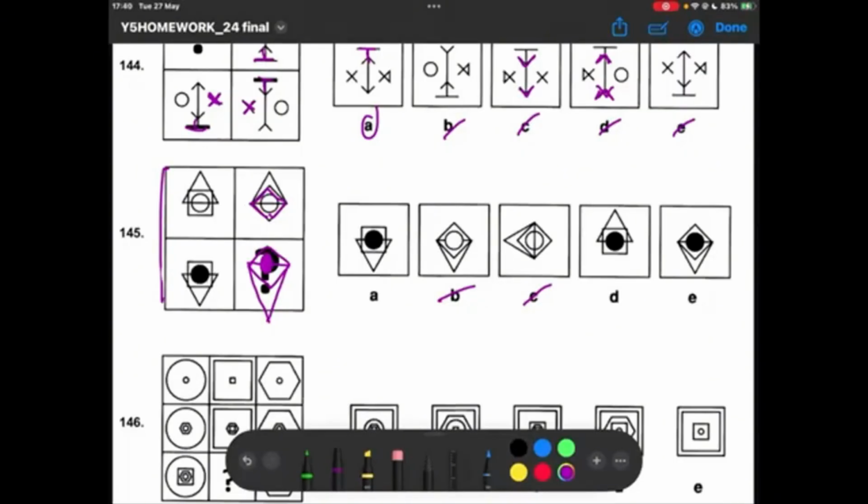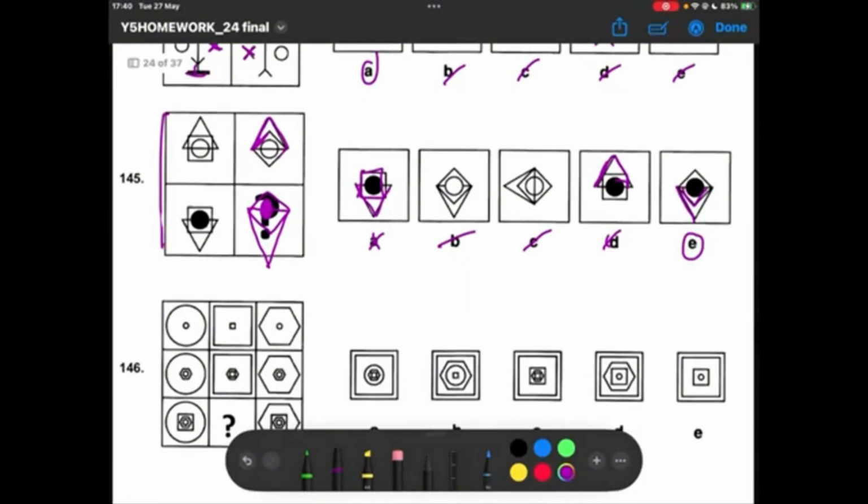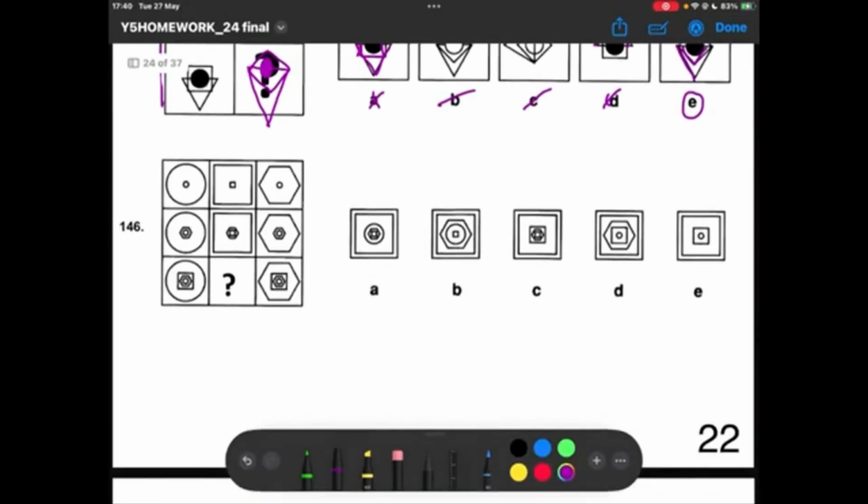So therefore we know the answer is E, not D, because that's just upside down and wrong, and not A, even though that's similar, because as you can see here, the square on the inside and this triangle pointing out bit are in line, whereas here they're not in line, it's just sort of on top of each other. Here they're in line, and the square should be tilted, not like a normal square like it is in A. So E is the answer.